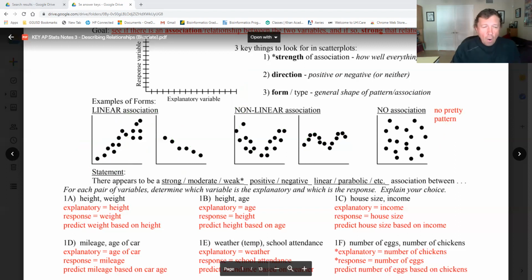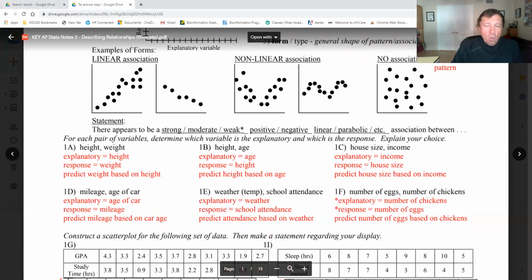Okay. All right. Now the next part, we're going real slow here, and all we're going to talk about is we want you to look at A, B, C, D, E, and F, and try to ask yourself which one is the explanatory variable, which would be the x variable, and which one would be the response variable, which would be the y.